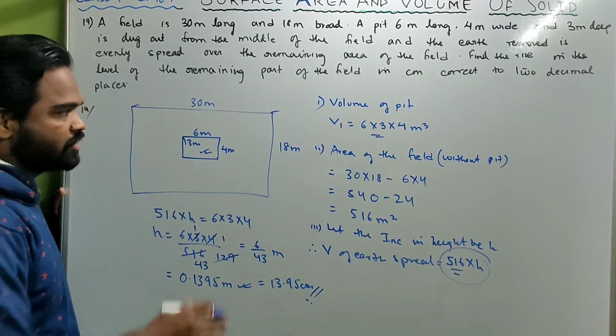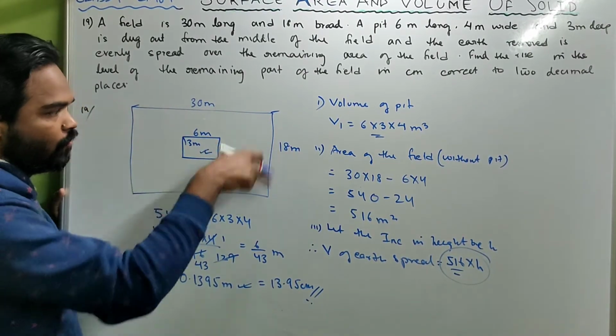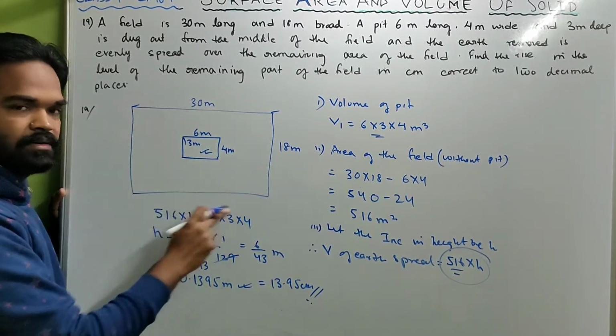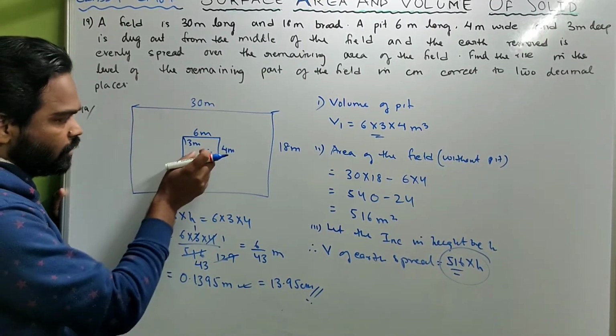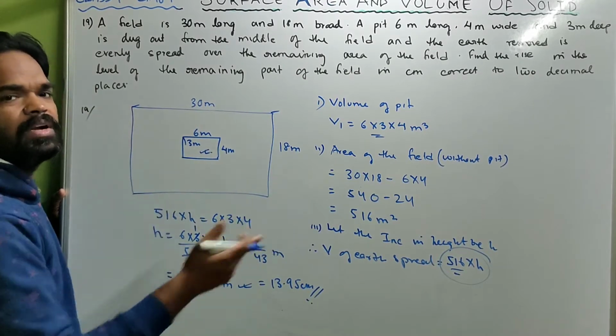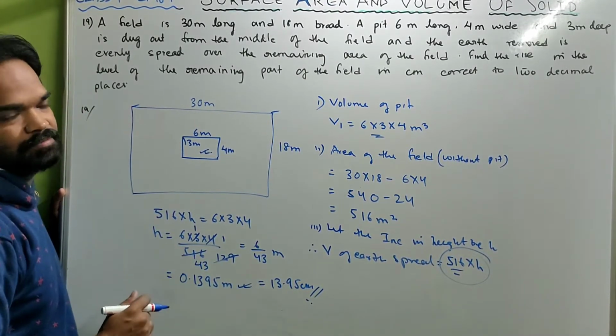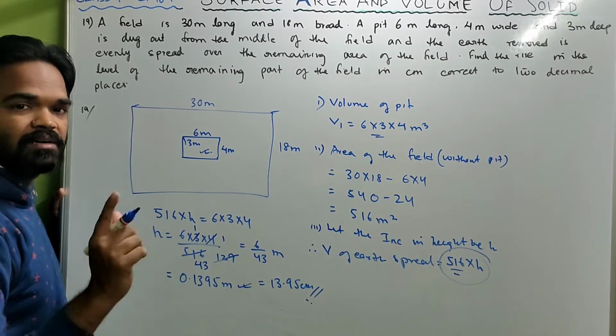Clear? Pretty easy. Just find the volume of the pit, volume of the earth when it is spread all over the field apart from this region, equate it, you'll get the answer. That's 13.95 centimeter. Now let us look at the next sum.